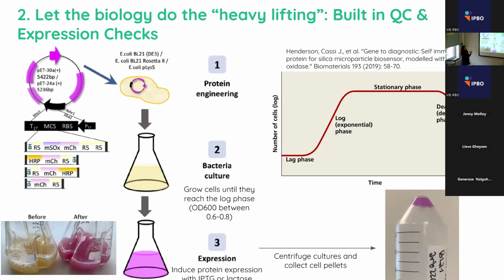Okay, so number one is reduce the imports. Milk powder, no fancy chemicals. Number two, we want the biology to do most of the work for us, ideally. So we just saw an SDS page gel. Whose lab has SDS page set up for running proteins on gels? Okay, 1, 2.